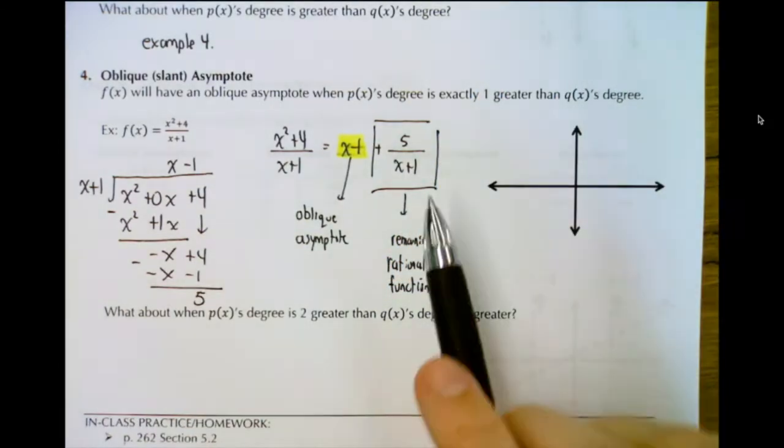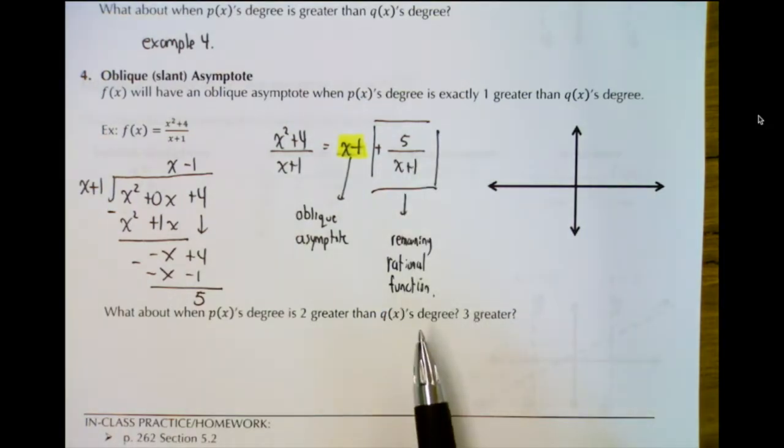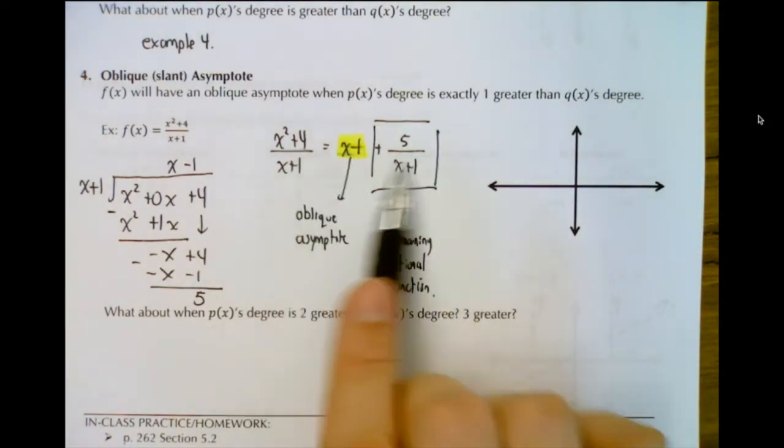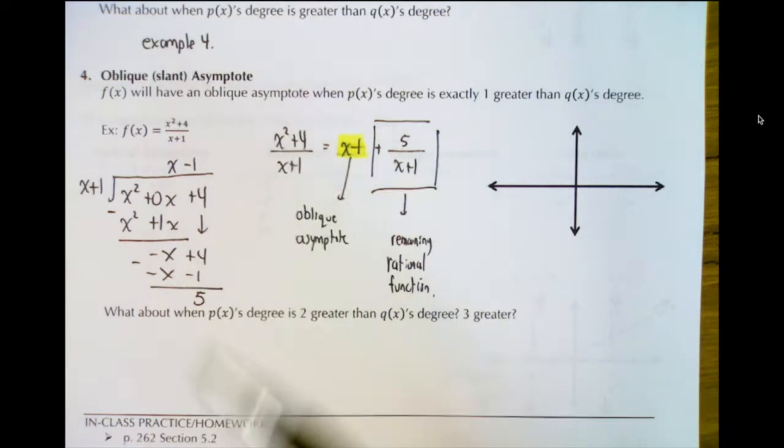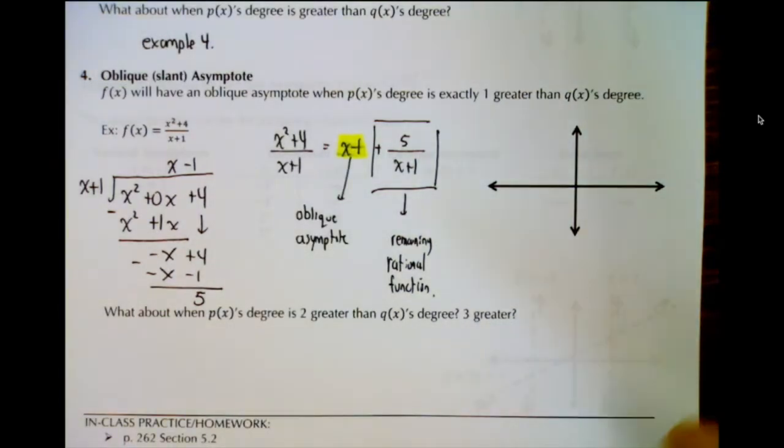The fact that there's a remainder tells you that we have a rational function. If we could divide this evenly with no remainder, all it would mean is that x plus 1 is a factor of the numerator, and we would just have a hole. We wouldn't have an oblique asymptote. We'd have a hole, and our graph would be a line.